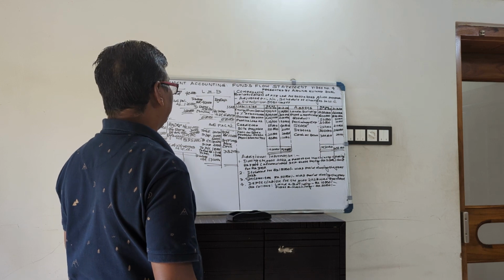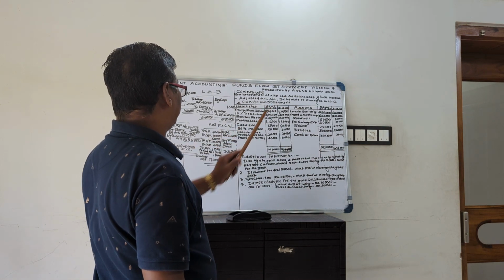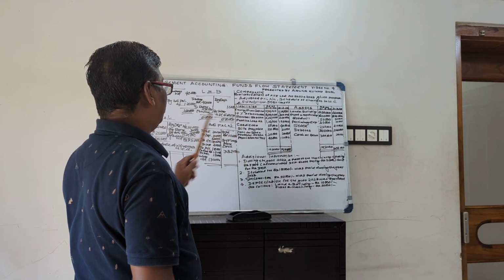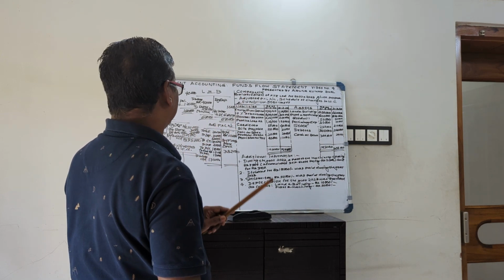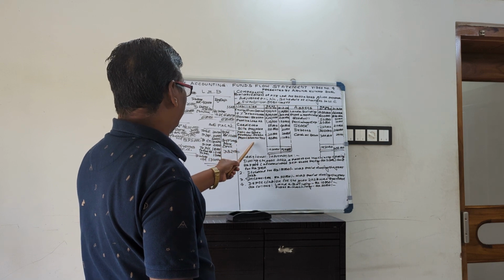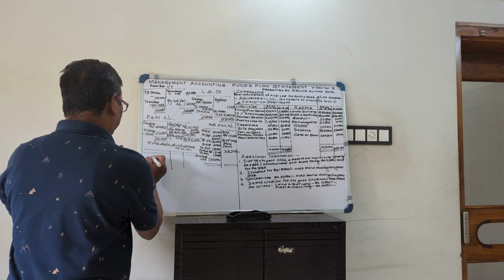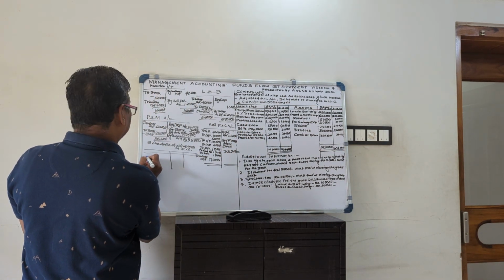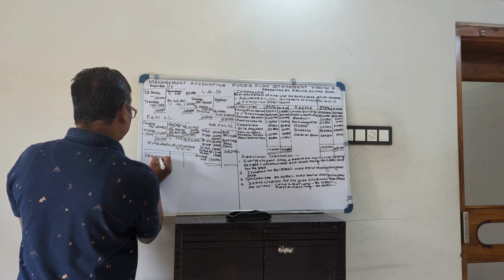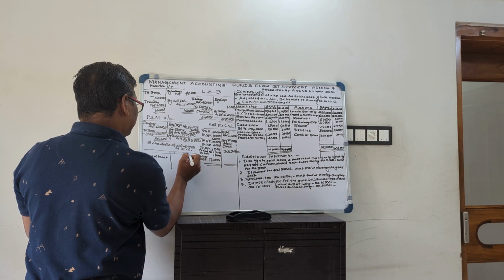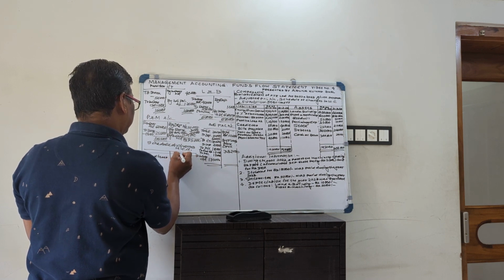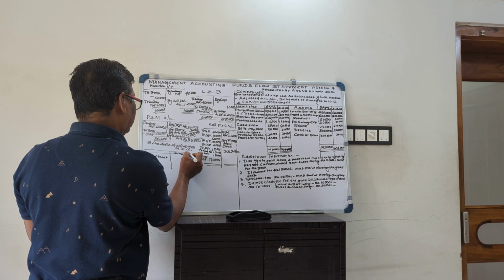In the first column, the figure of 31st March 2022. Second column, 31st March 2023. Then the difference, increase or decrease in working capital, like this for current liabilities and current assets. Here we will write creditors.